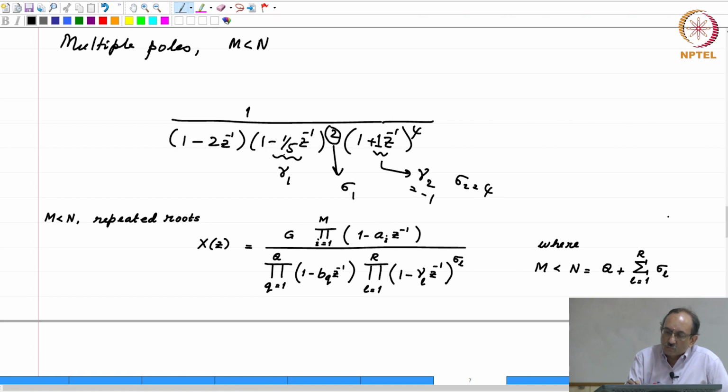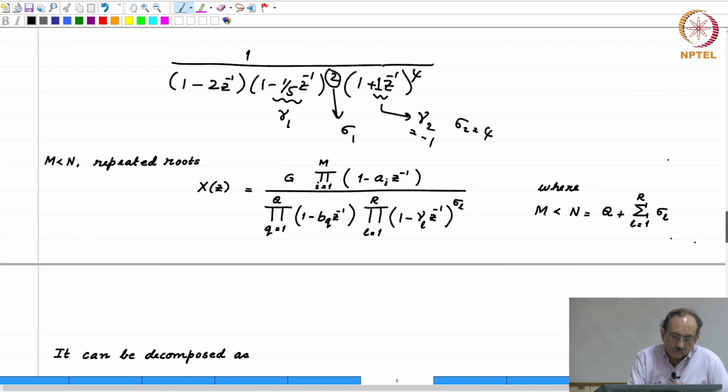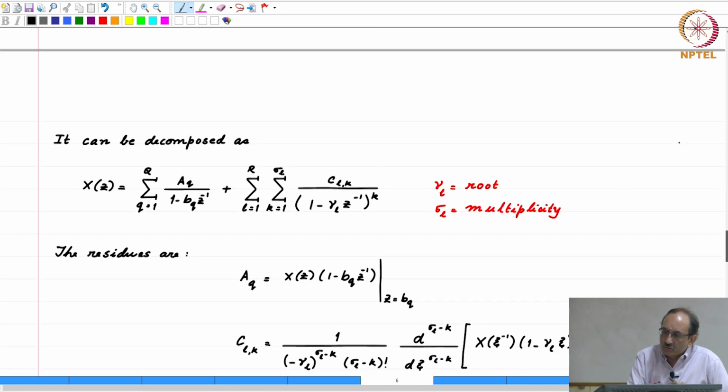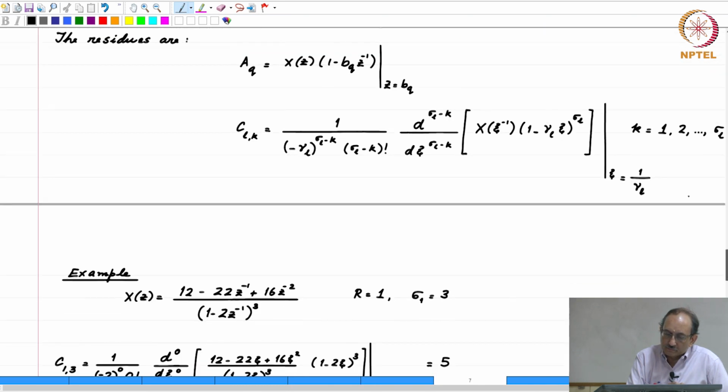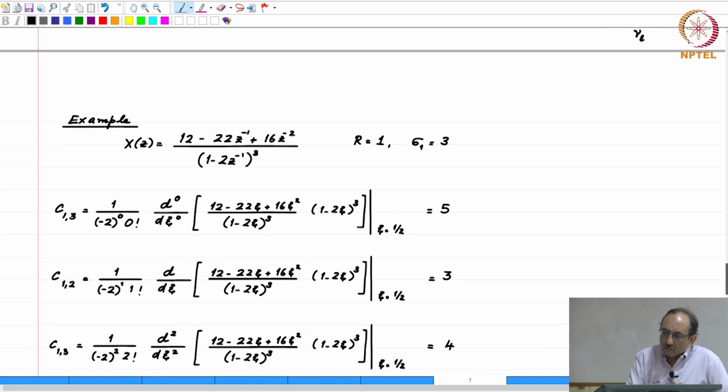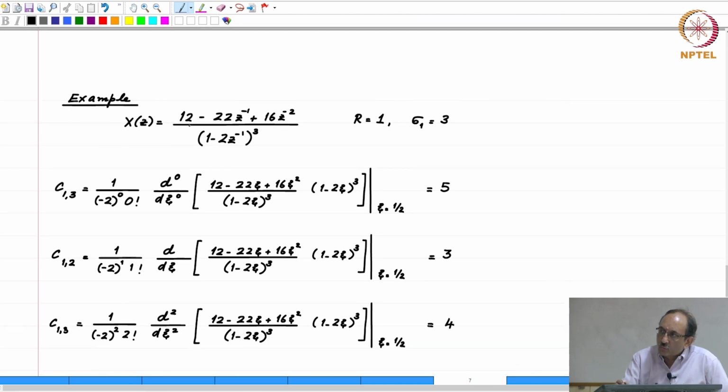For this term, (1 minus 1 over 5 Z inverse) power 2, you will have 2 residues. And these are, for the same pole locations, you will get multiple residues. And this is what the formula is.